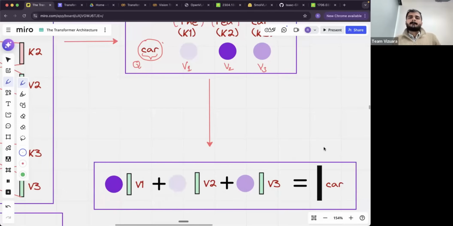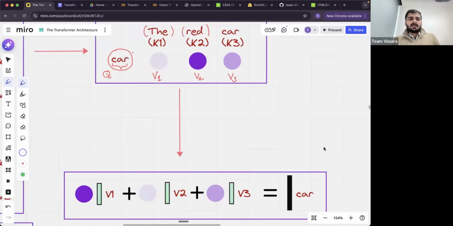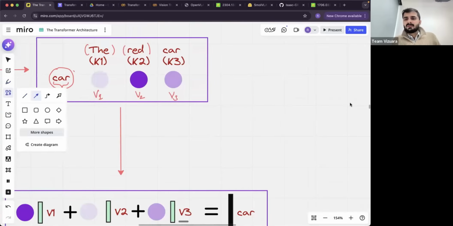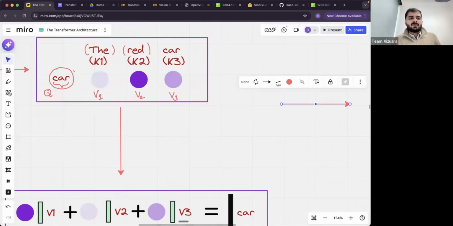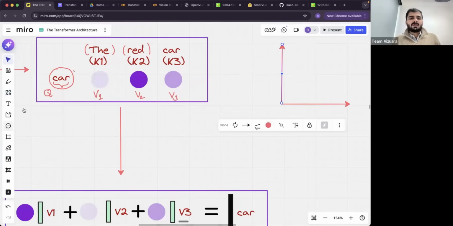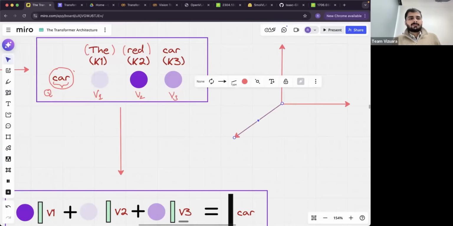But let's try to understand this geometrically like we did before. I think that will give us another way to think about this. So let's say we are working with three dimensions.